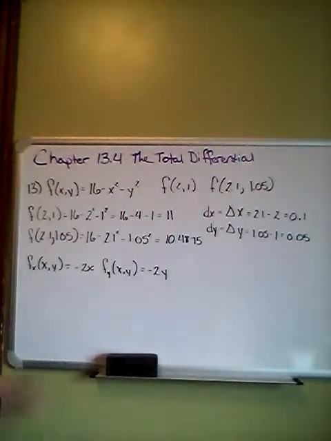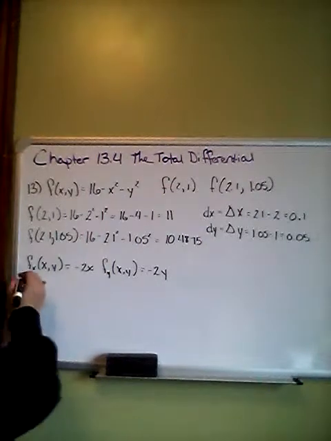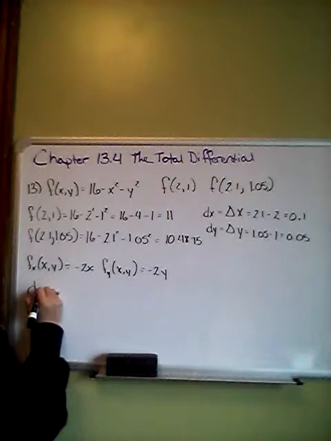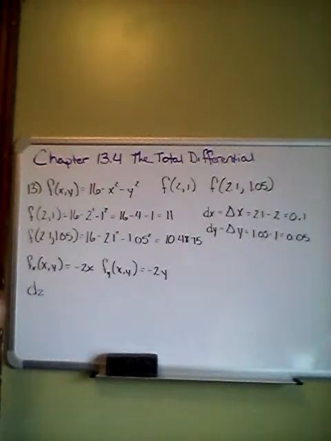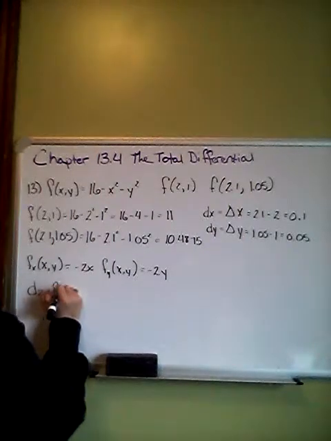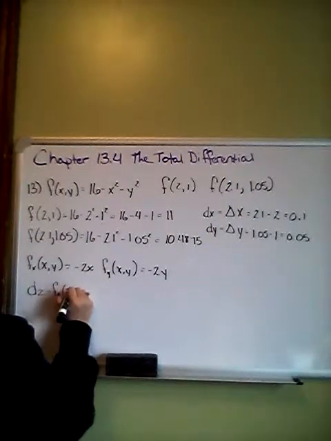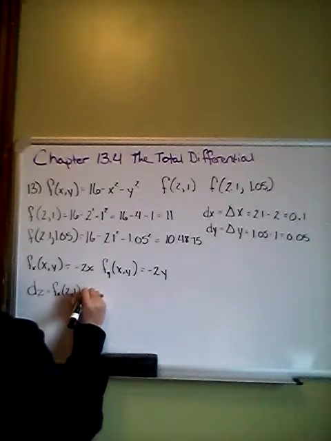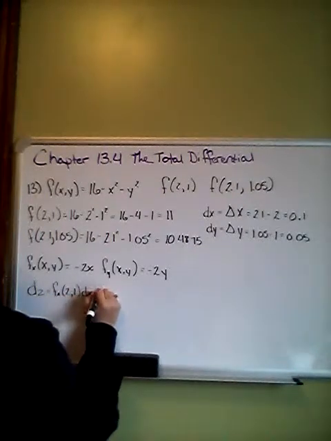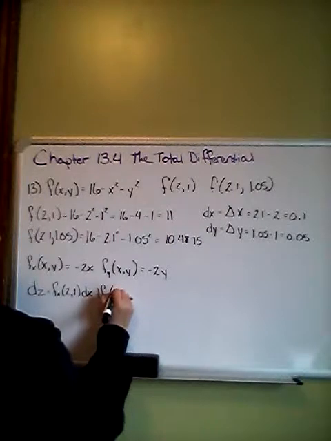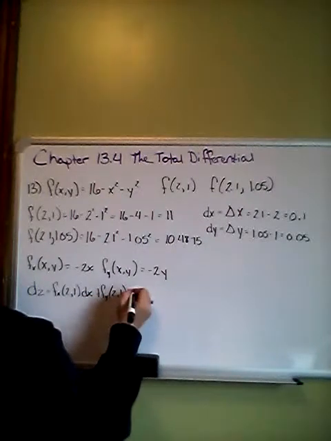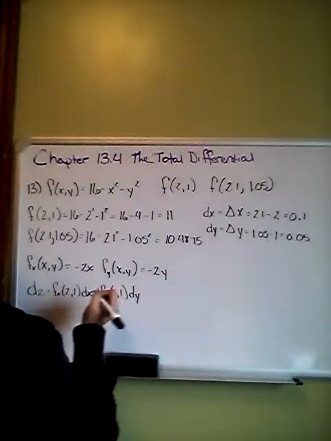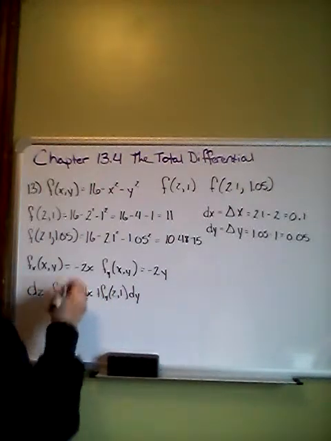So now that we have all of that information, we are going to go ahead and create our total differential dz for our function, which is going to equal f sub x at 2, 1 times dx plus f sub y evaluated at 2, 1 times dy. Okay, and that's pretty easy.